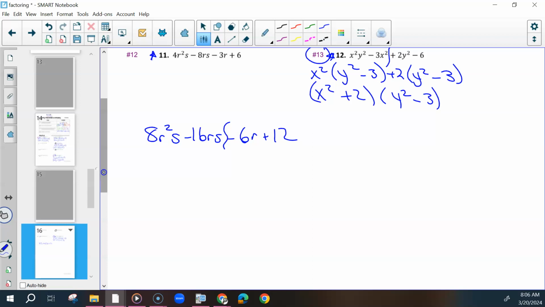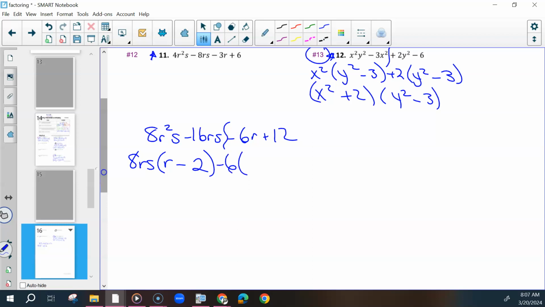Okay, so if we split that down the middle, what do these two have in common? 8, r, and s. So, okay. Divide those, what's left? r minus 2. Okay. Alright, and then what can we divide out of the last two? 6. Positive or negative?